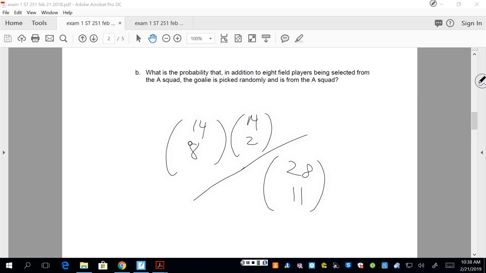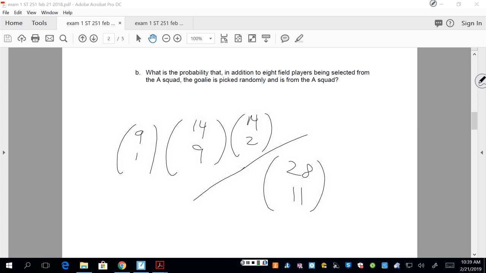And there are 9 that are picked from that squad, but one of those people has to be a goalie, so it's just a little bit more to describe the problem.